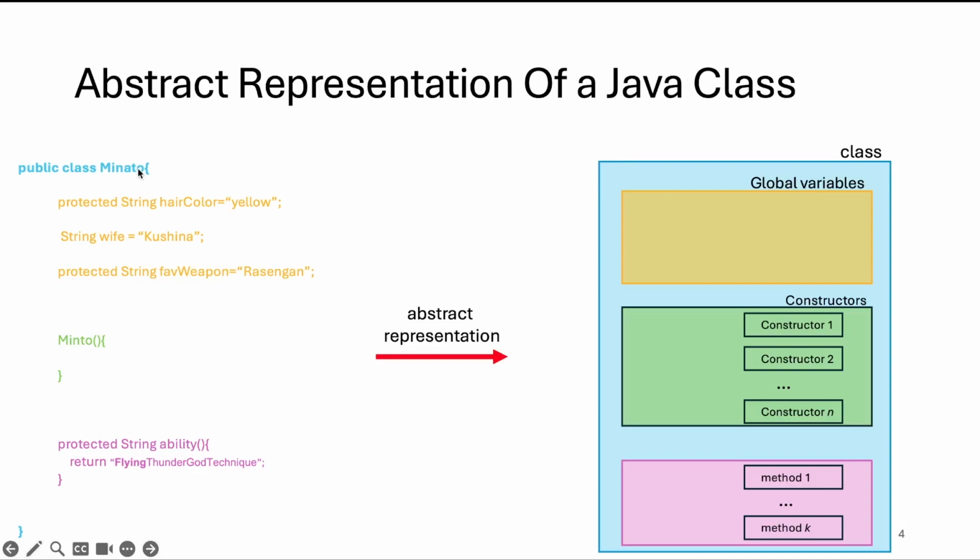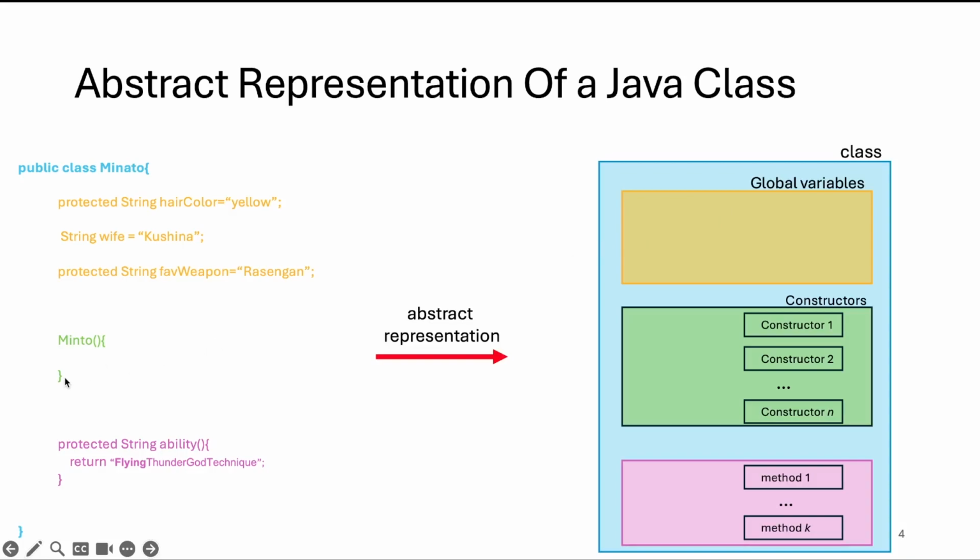In this class, using the orange color, I have written the global variables. These variables in the abstract form are shown as the golden or orange colored rectangle.